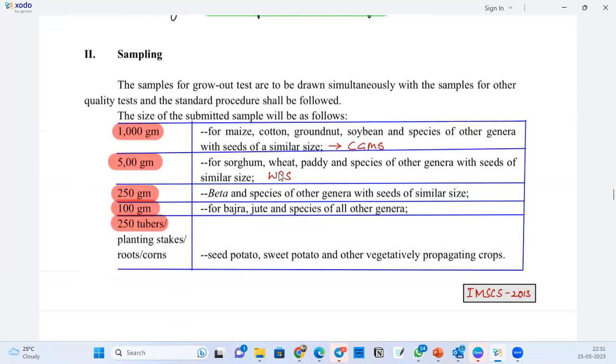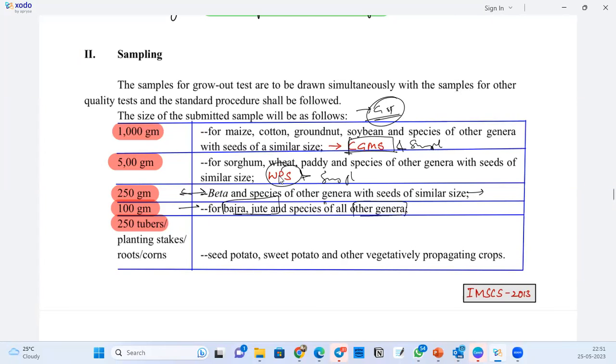Next, sampling. The size of a submitted sample in case of GOT differs from crop to crop. So I have one shortcut here. It is called CGMS and similar size crops, WPS and similar size crops. And next it is beta for 250 grams, and 100 grams is for bajra and jute, and for all other genera.